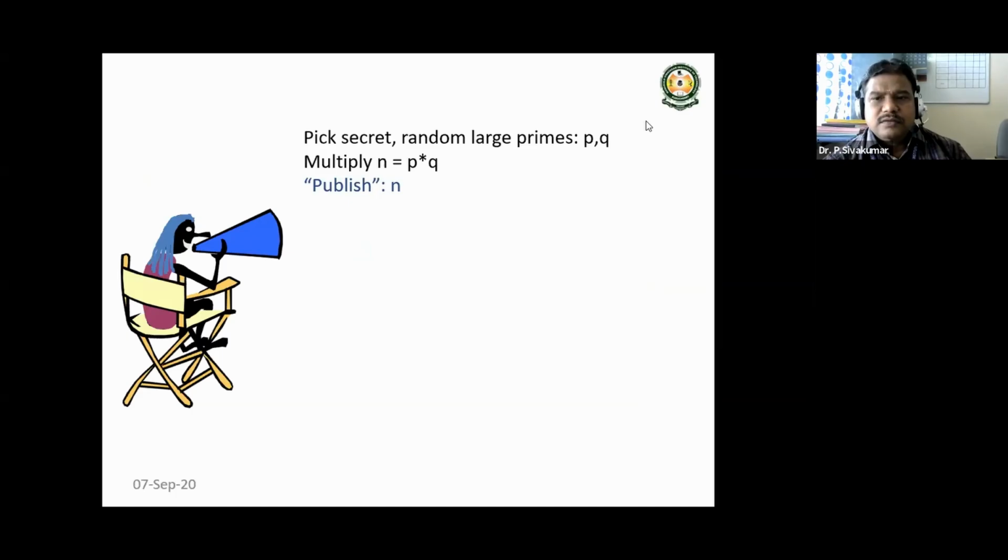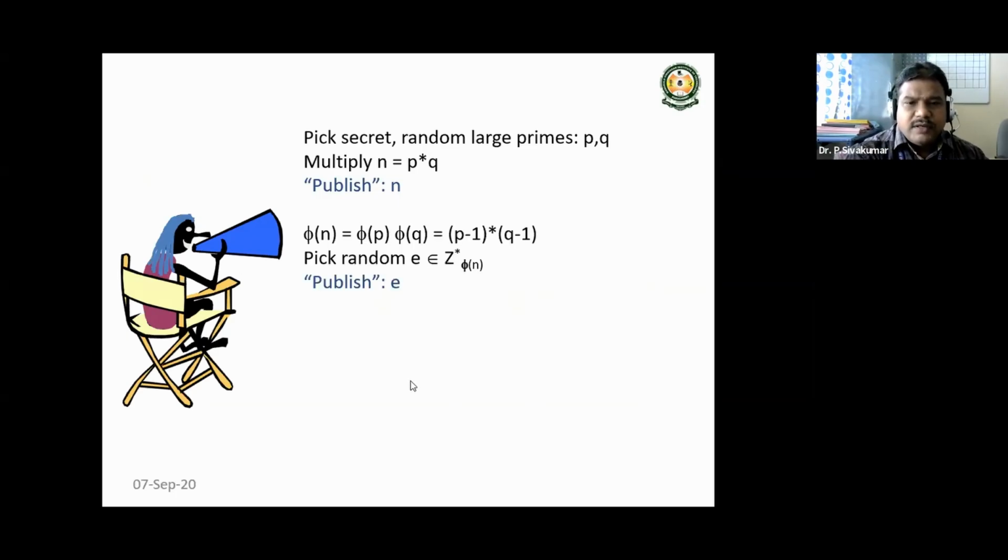So try to understand this particular logic. Normally it is the same as whatever we discussed previously, with some factorial representation here. Pick secret random large primes P and Q, and multiply n = P times Q. Then we get the n value, useful for publishing.